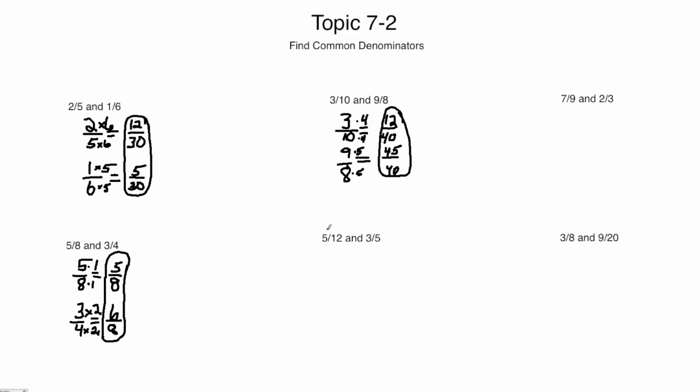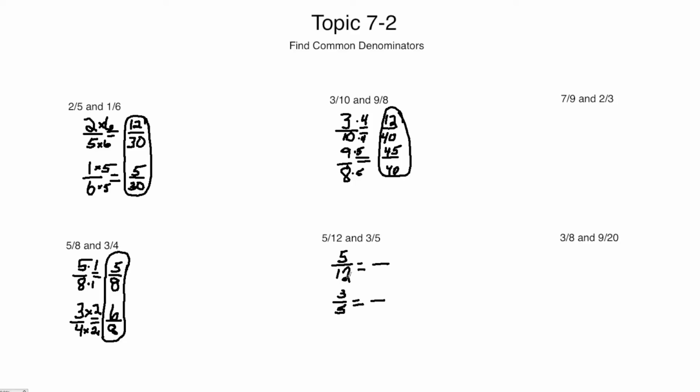All right, go ahead and push pause and let's do this problem. Okay, so we have 5/12 and we have 3/5. So we have to find a common denominator that 5 and 12 both go into.